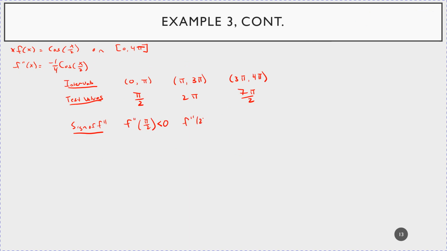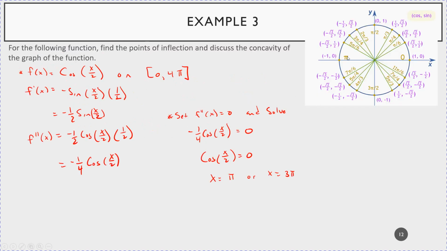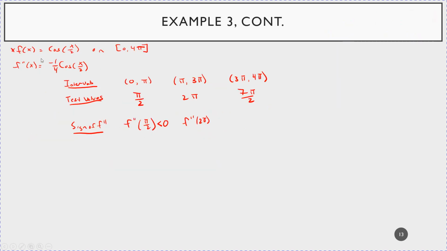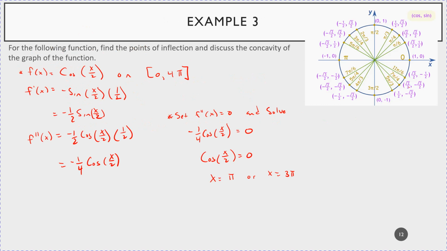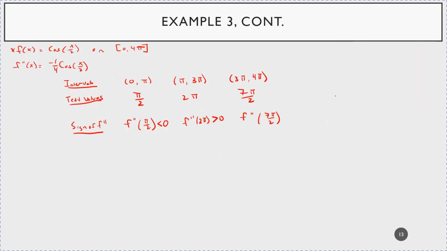F double prime of 2 pi ends up being cosine of just pi, which is negative 1. Negative times negative here is positive. And then f double prime of 7 pi over 2: when you plug in 7 pi over 2, you get cosine of 7 pi over 4, which is positive, but then you're multiplying it by a negative, so that's less than 0.